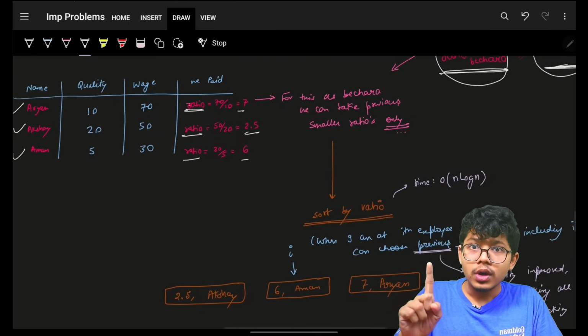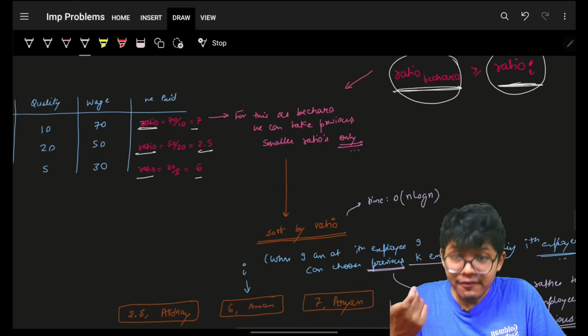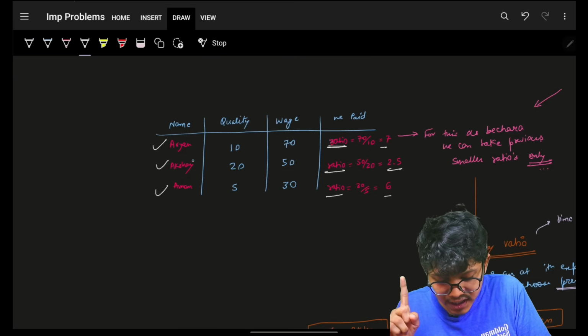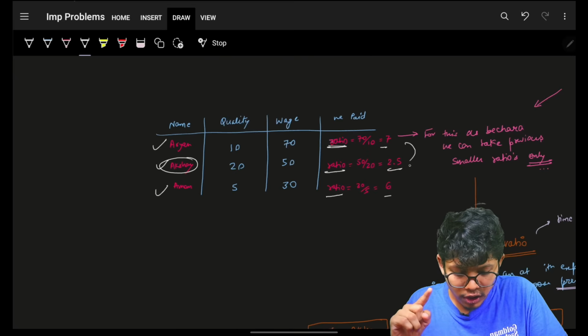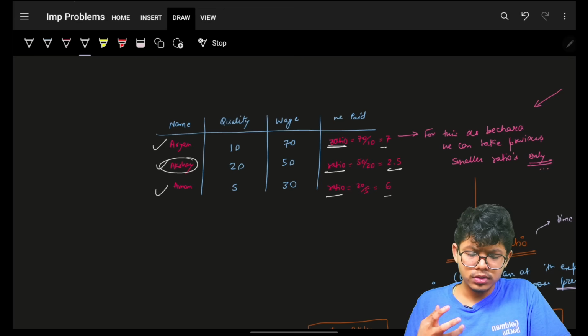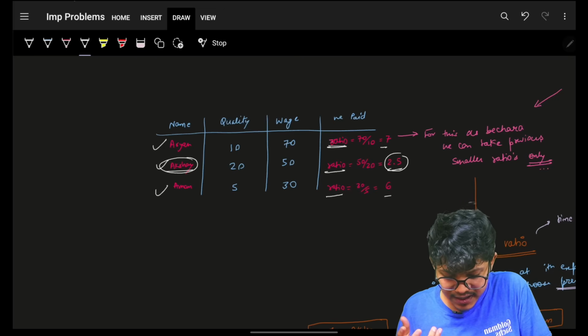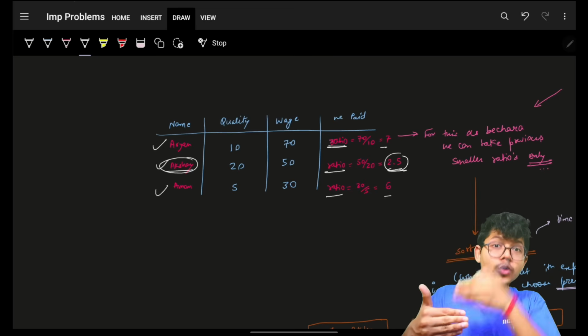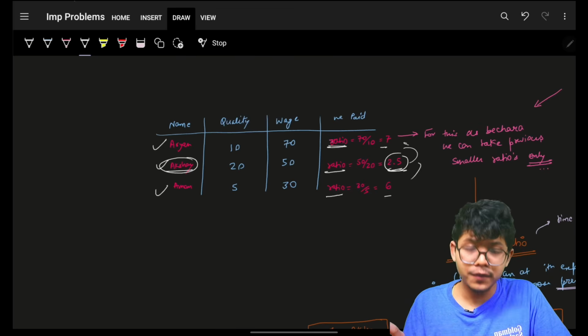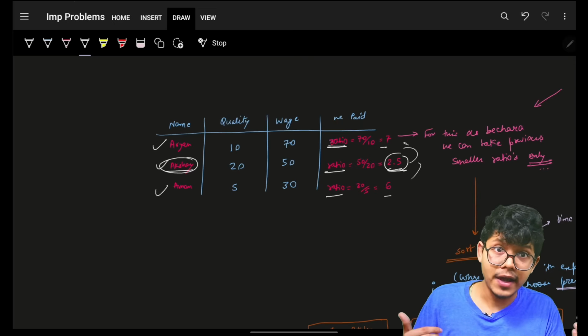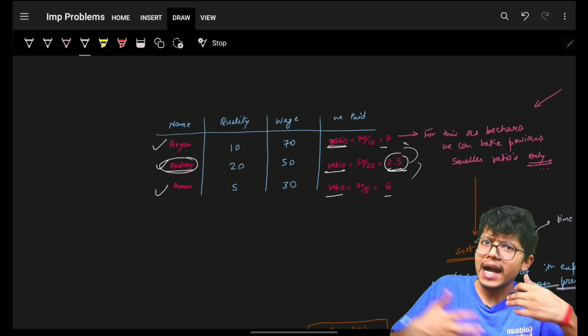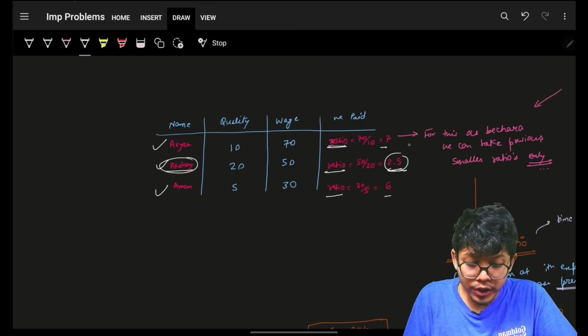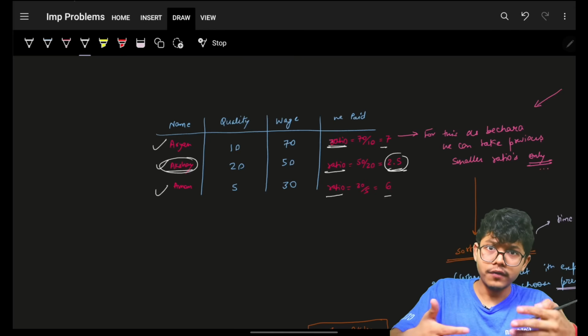So earlier I was taking Akshay as a bechara and then going on to all the other values. But now I know if Akshay is the bechara and his ratio is 2.5, I should go on to only those who have a ratio value less than 2.5. But I see no one has a value less than 2.5. So maybe I am optimizing it. I am not going on to those values on which earlier I was going.